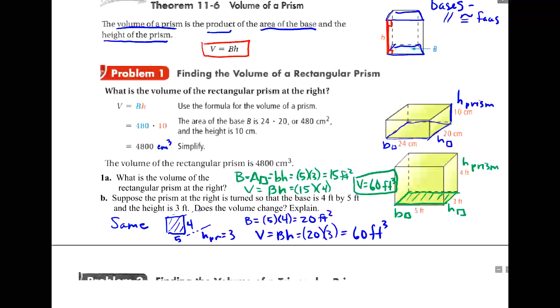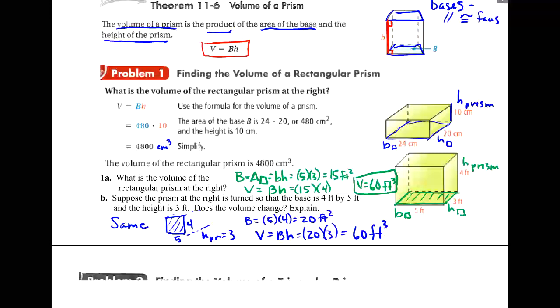The base length is 5, the height is 3. This is only of my base polygon here. So I find the area of the base, 5 times 3 is 15, and then the height of my prism, I've labeled it height prism so I keep it straight, that's 4 feet. Multiply 15 times 4, I get 60 feet cubed. Don't forget, volume is cubed.